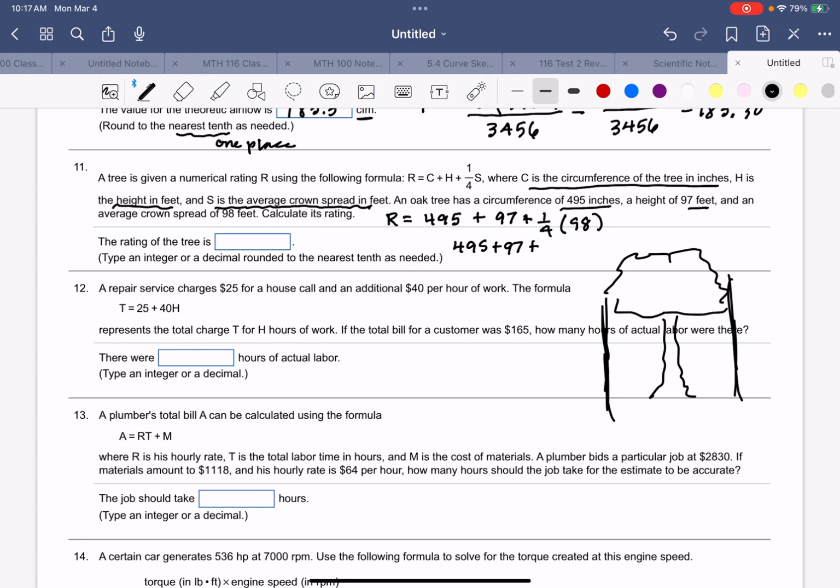So first I'm going to do 98 divided by 4, which is 24.5, and now I'll add all that together. So 495 plus 97 plus 24.5 is 616.5 to the nearest tenth.